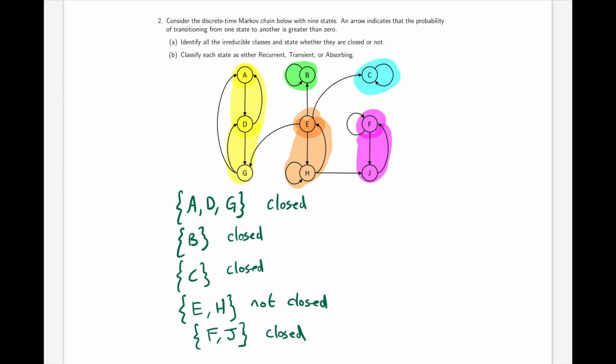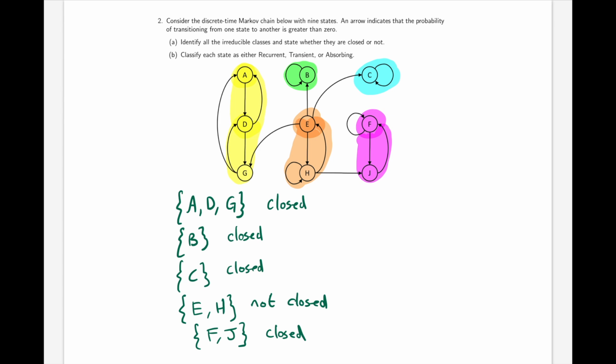Once we have written down all our irreducible classes and said whether they are closed or not closed, we should now be able to categorize each state as either recurrent, transient, or absorbing. So remember that a transient state is one that belongs to an irreducible class that is not closed.